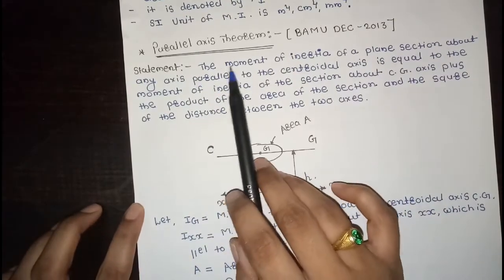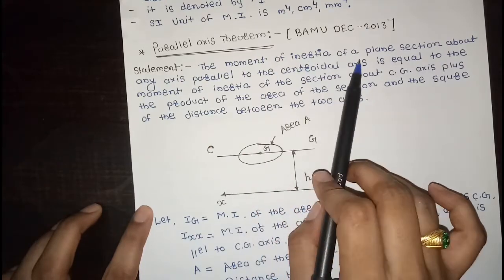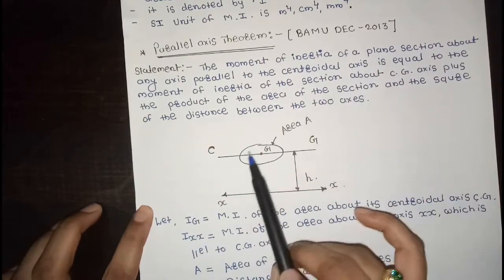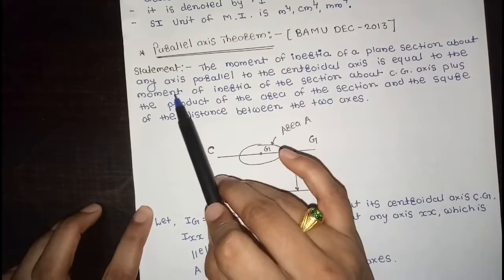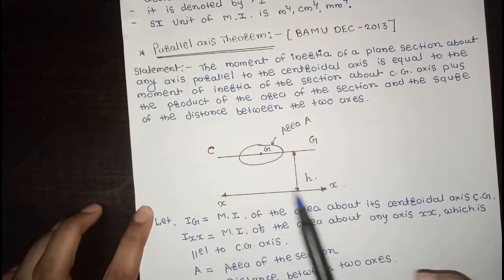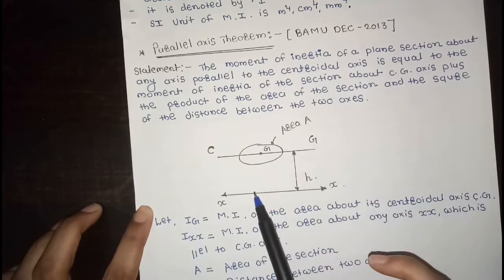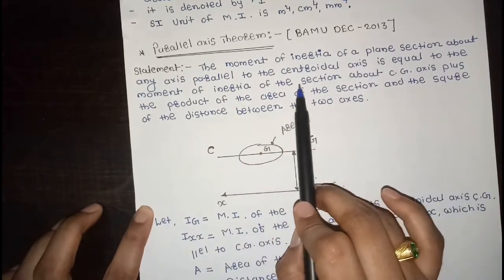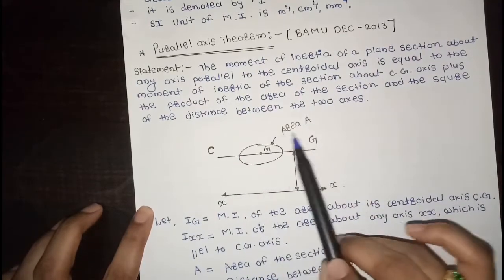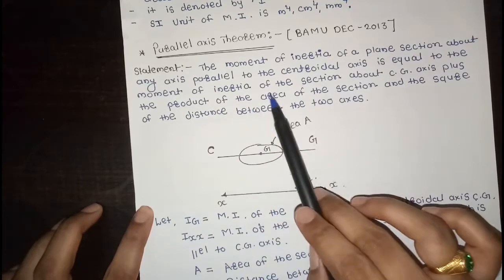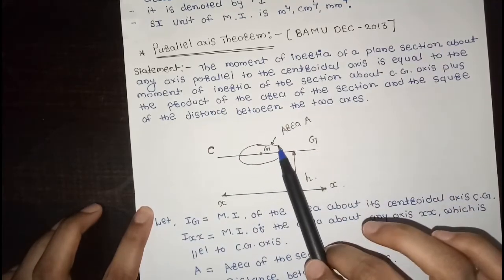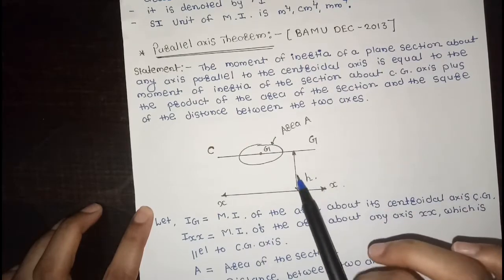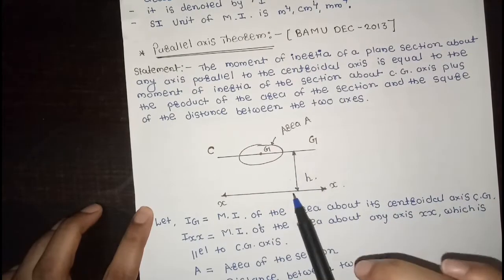Parallel axis theorem statement: the moment of inertia of a plane section about any axis, here we have considered the x-axis, parallel to the centroidal axis, the CG axis, is equal to the moment of inertia of the section about the CG axis plus the product of the area of the section and the square of the distance between the two parallel axes.